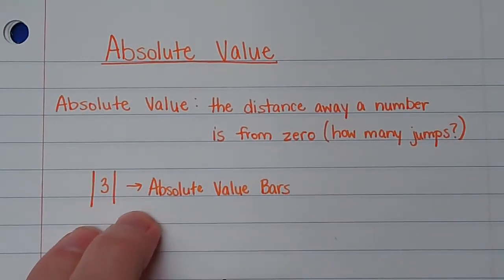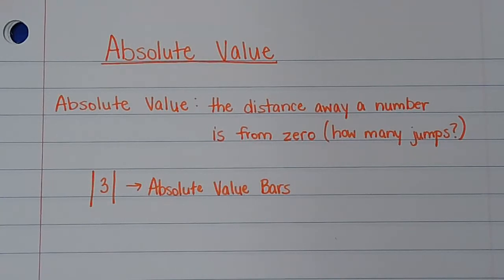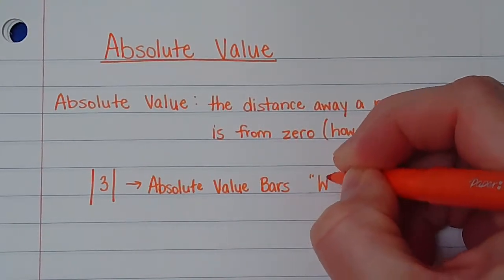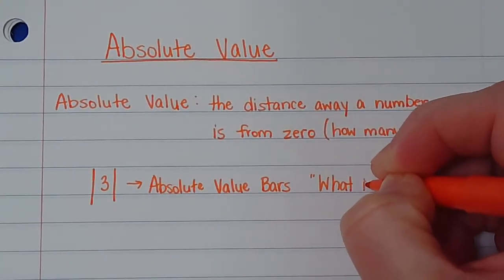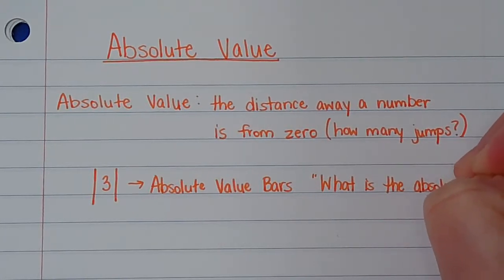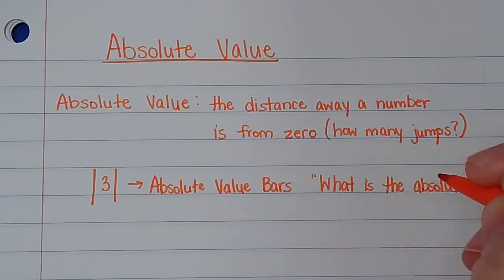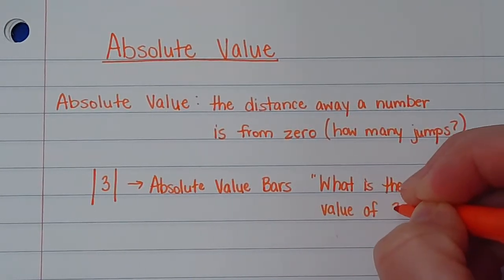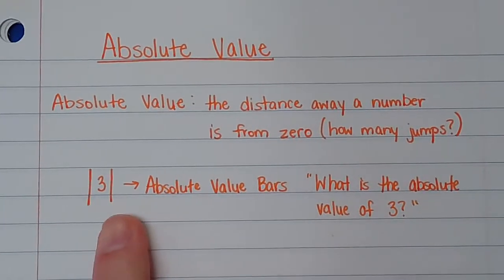So these two lines right here, they're not just lines that somebody messed up on. They're absolute value bars. And you would read this by saying, what is the absolute value of 3? So that's how you read that.